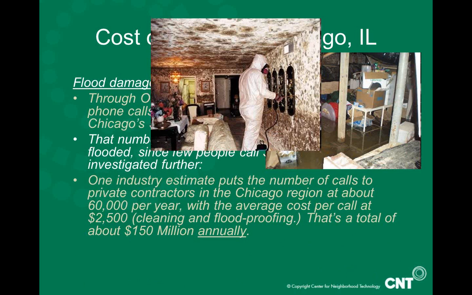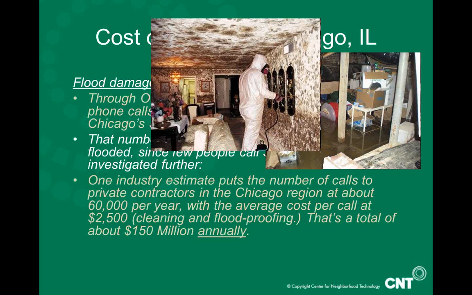So we go to a local service provider that helps clean homes, and their estimate is that in the Chicago area, where these 15,000 calls came in, the number of calls that the private service sector gets every year is close to 60,000, individual private home calls to go deal with.